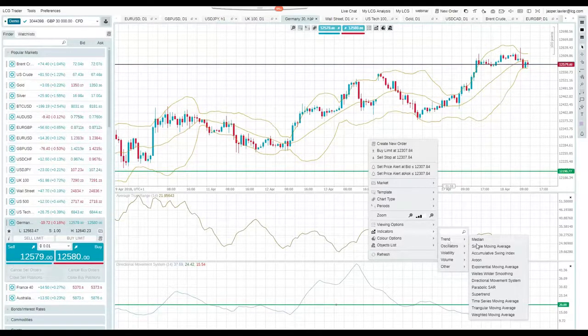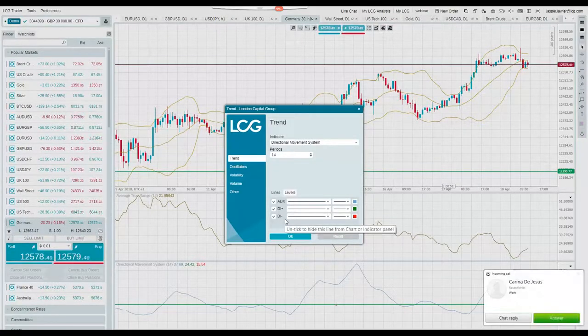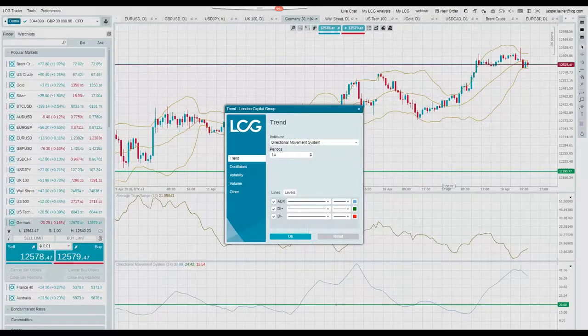So trend, and then you go down here to directional movement system, and then you've got the option of the ADX, the DI, plus and minus. And so I've just deselected these two here so that I can only see the ADX.